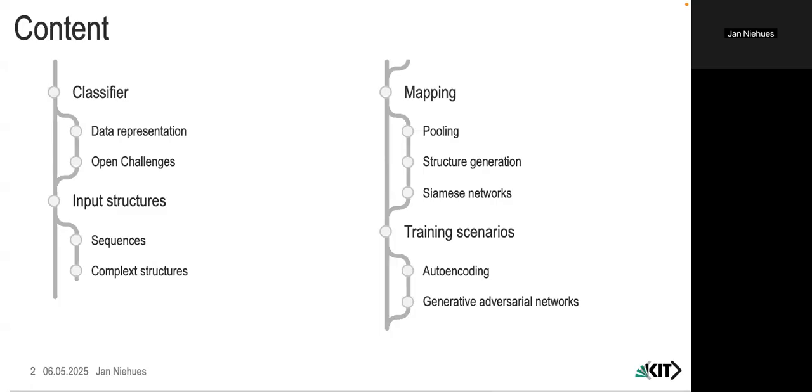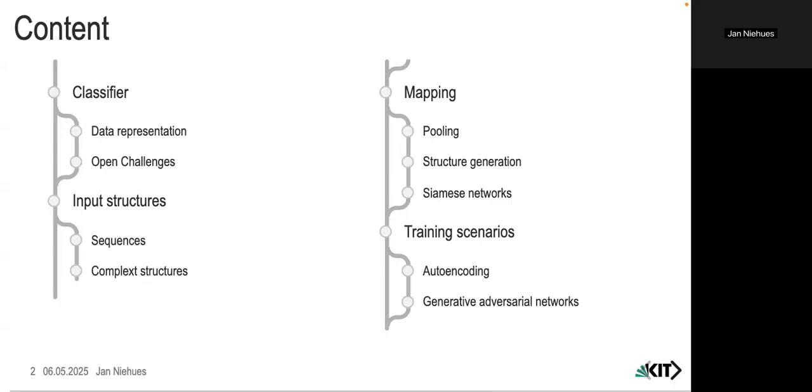Once we have that, we'll look to open challenges and why maybe not everything can be solved with a normal feed-forward network, and what are other things which are difficult to handle with them. Based on that, we will look then into three main parts of what needs to be extended or what needs to be handled.